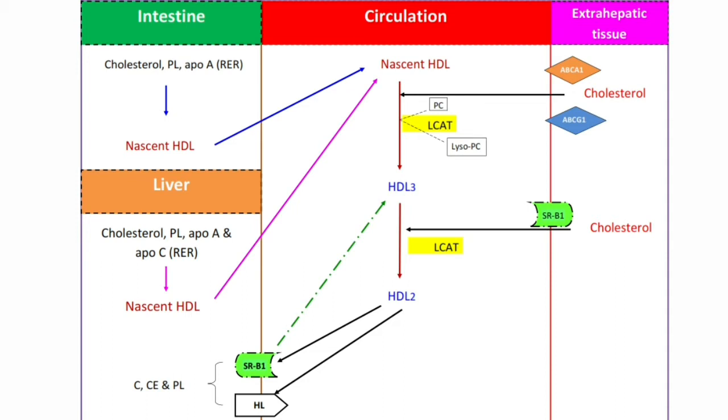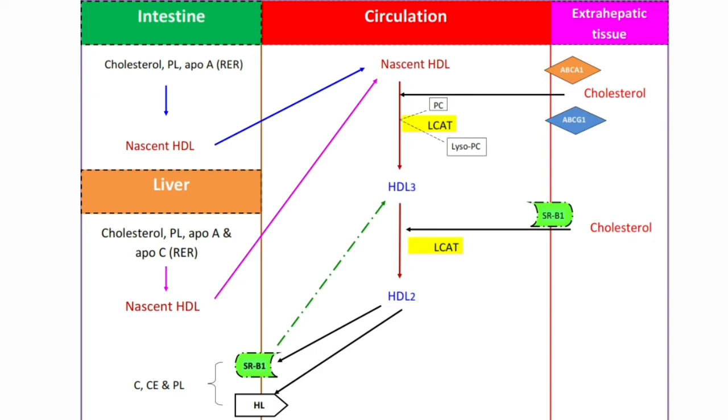Basically, these ABCA1 and ABCG1 transporters are members of a family of transporters that couple hydrolysis of ATP to the binding of substrate. Whenever that happens, it enables these transporters to transport the substrate. Here the substrate is cholesterol, so it enables these transporters to transport cholesterol across the membrane.